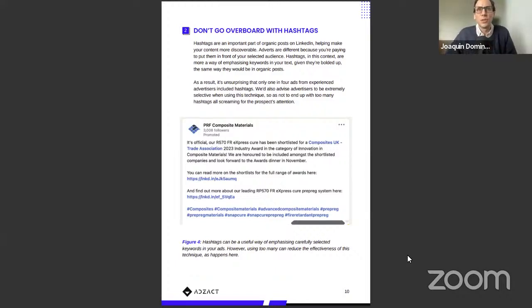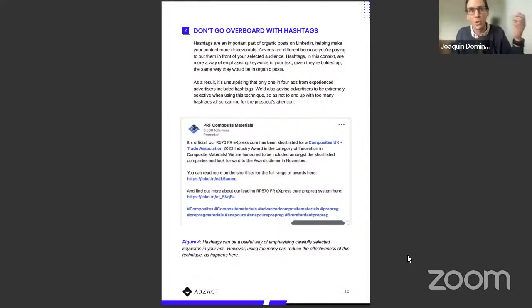And it's important to make a difference with organic posts, because in organic, definitely hashtags can increase your visibility, but with paid ads, it doesn't. If you search for a certain hashtag, you will only see organic posts. You won't see the ads coming up. So if you think that putting hashtags in your ads will give more visibility and you will go over the algorithm and pay less, that's not the case.